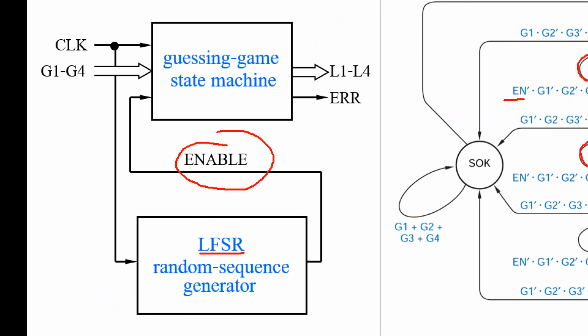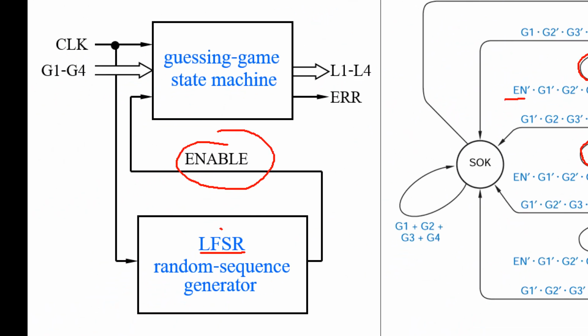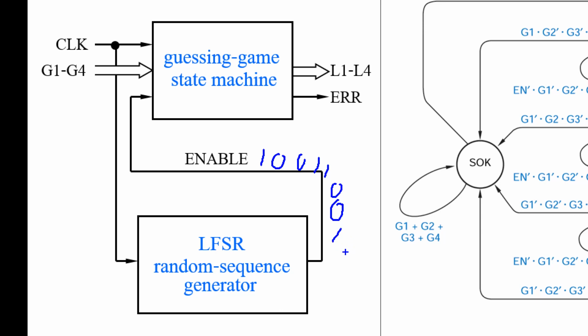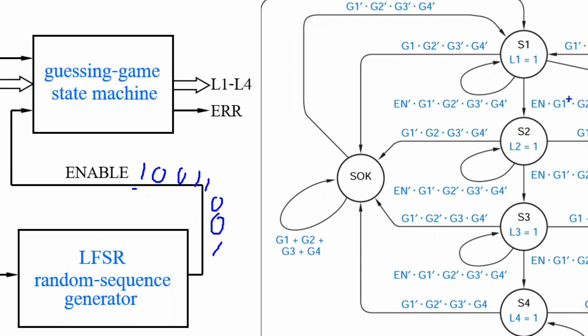That means if we use this one bit from the linear feedback register, maybe it generates 1 0 0 1 1 and something like this, that is hard to guess, the next digit. So it's called random, right? Actually, it's pseudo random. So if it is 1, go to the next step.